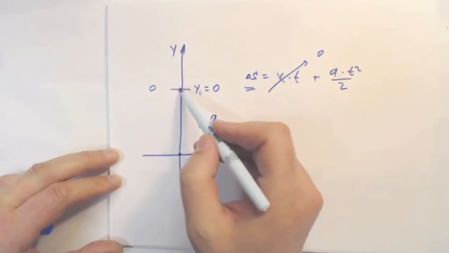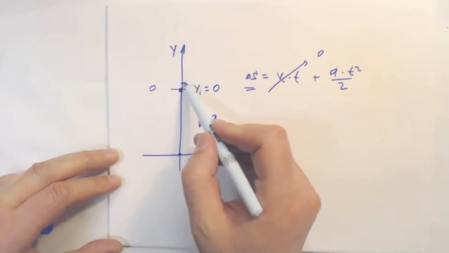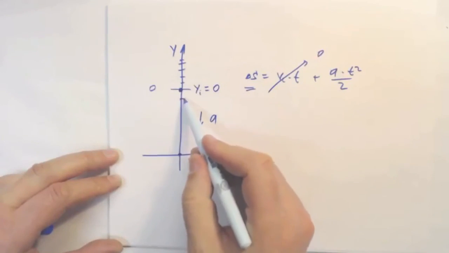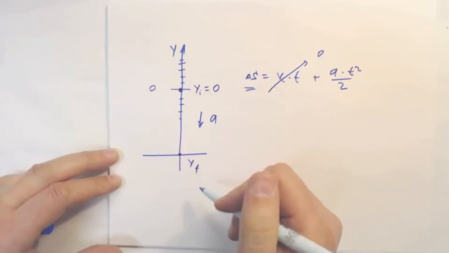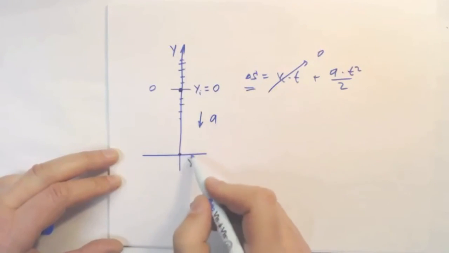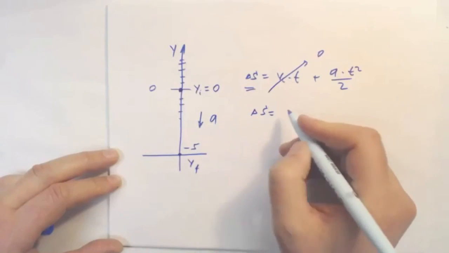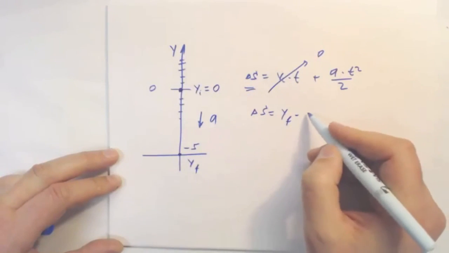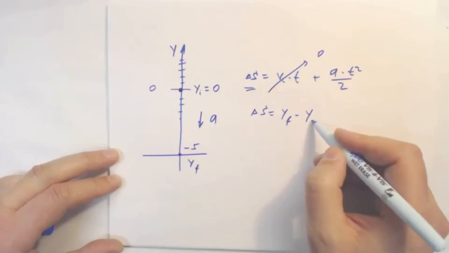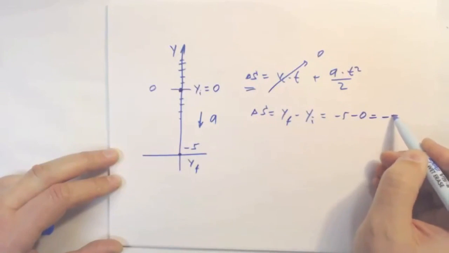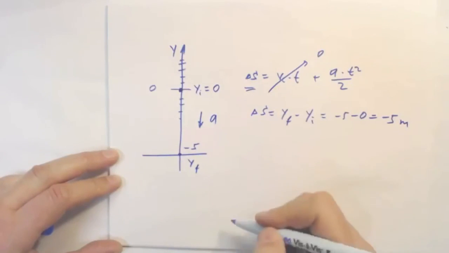So if we go above 0, we read positive readings, 1, 2, 3, 4, 5. But if we go below 0, we should read negative readings. So -1, -2, -3, and eventually -5. And the displacement, as we said, always equals this difference, final value minus initial value. So -5 minus 0, -5 meters.